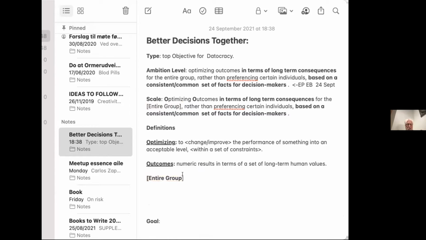A family could be a group, just to give you a starter, but name one or more groups in a set of entire groups. So it could be a nation, could be a company. Okay, I'm going to write them down: nation, company, keep on going. Family. Partnership. A partnership, right.